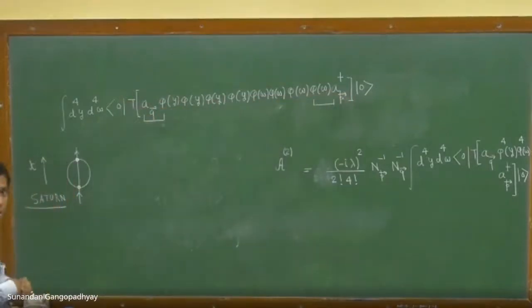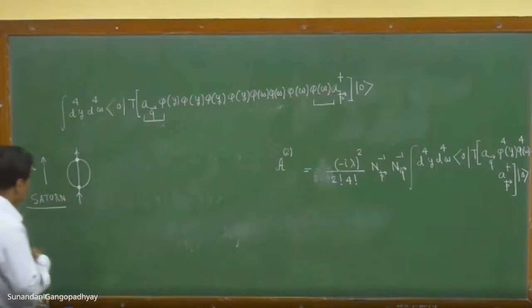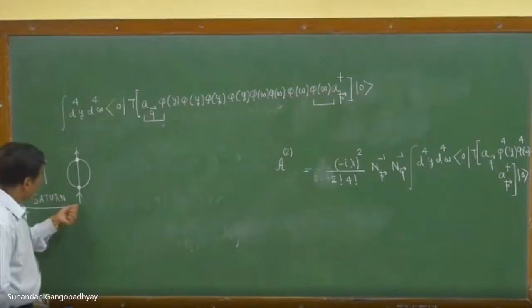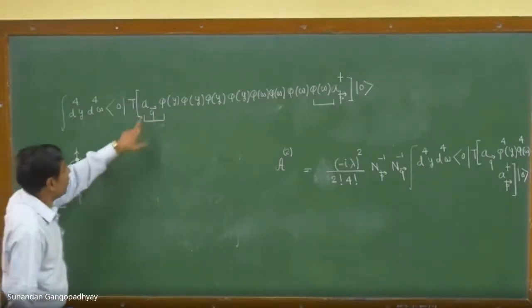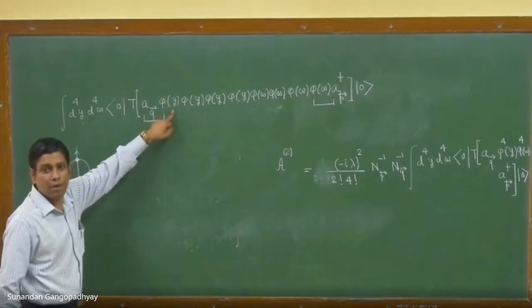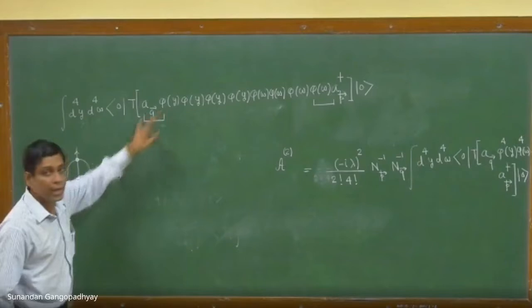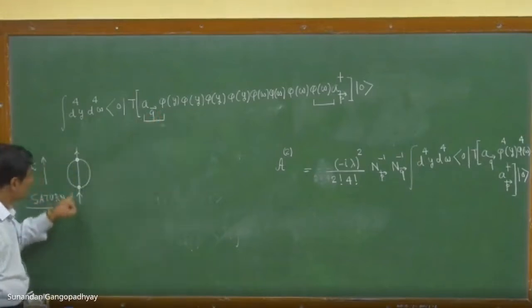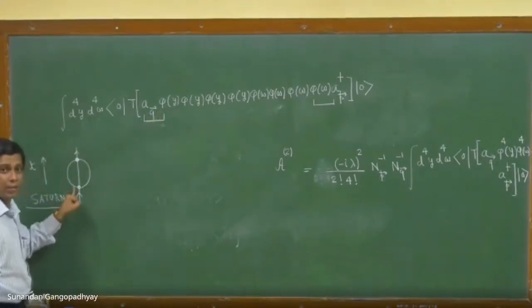And let us now see how this kind of a diagram can arise from a contraction of this expression. Obviously, you have already seen in the previous lecture that if you want to have an external incoming particle, you have to contract A with phi's, right? That we have already seen. So this contraction actually tells you that this is an external incoming line.